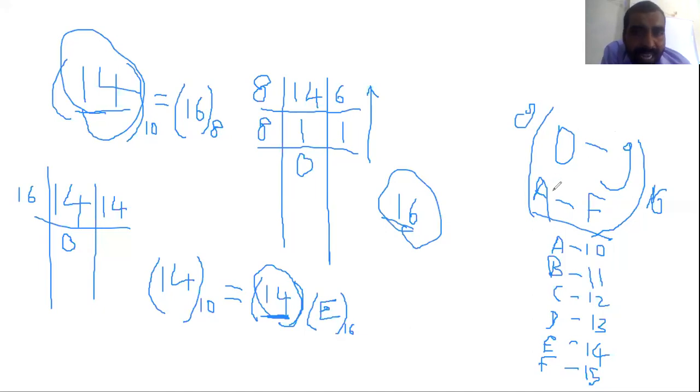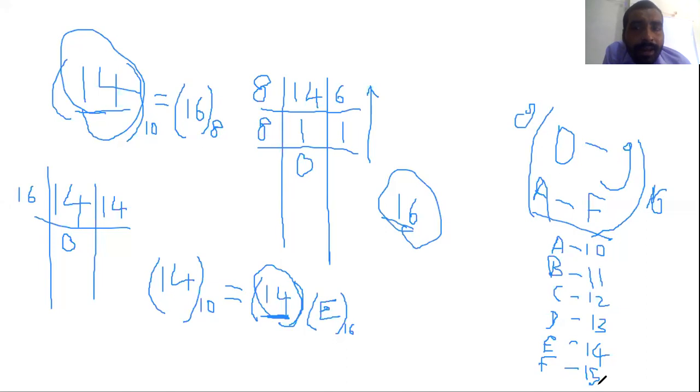And from 10, it starts as A. 10 is A, 11 is B, 12 is C, 13 is D, 14 is E, and 15 is F. So if you count from 0 to 15, how many digits do you find? 16 digits.